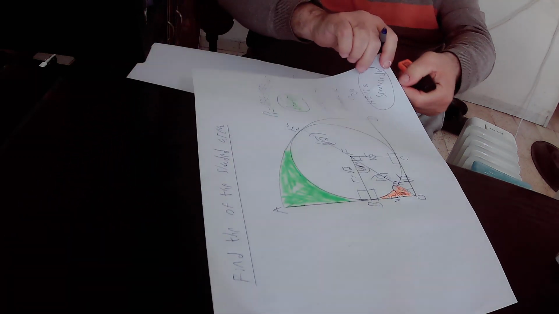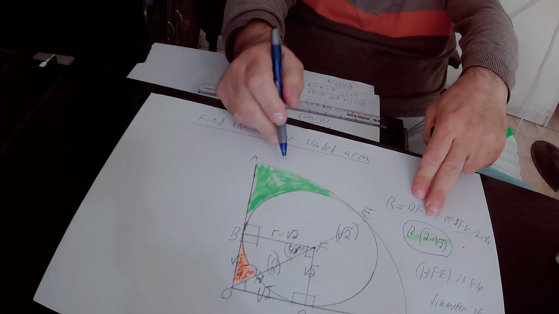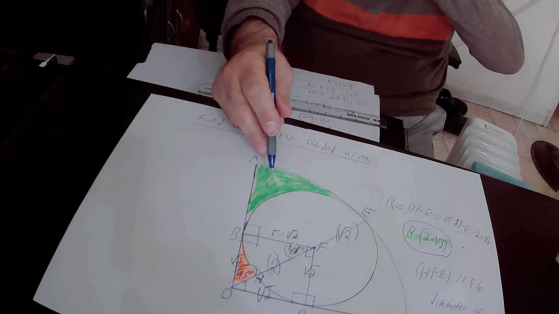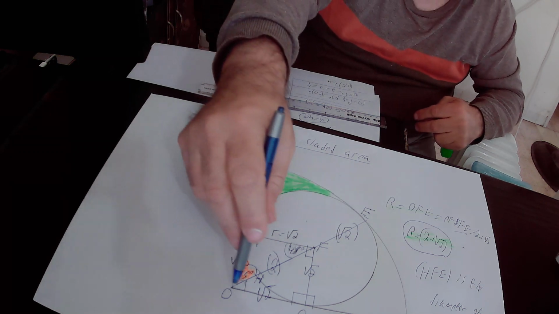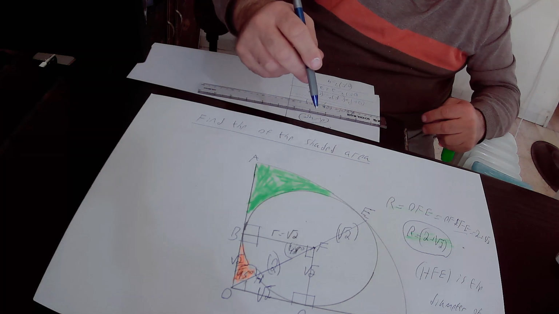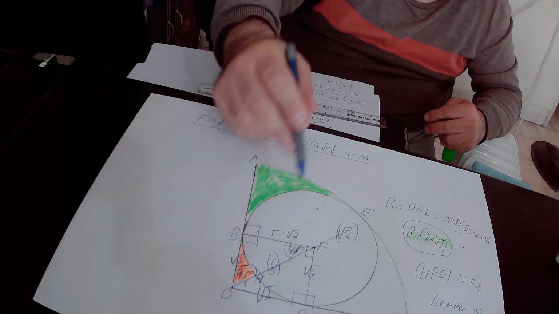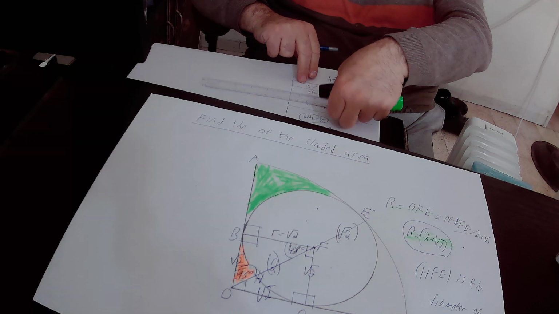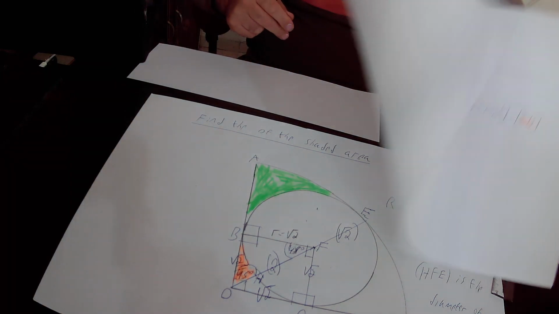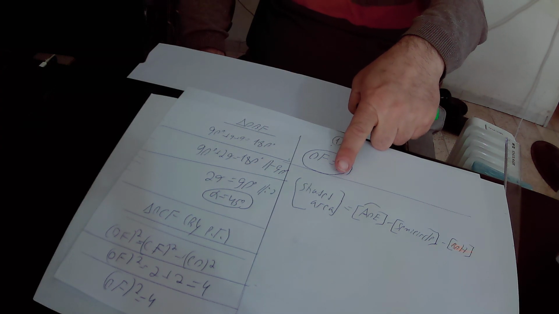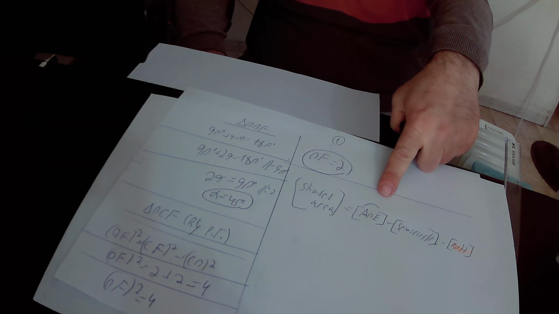Repeat again. The area of this green shape, or the size of the shaded area, is equal to the area of sector AOE.